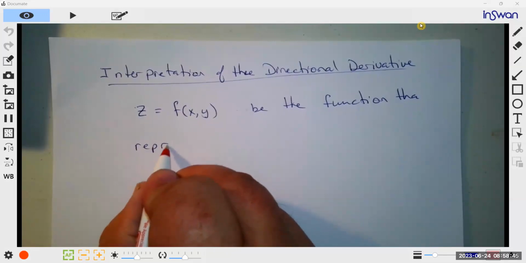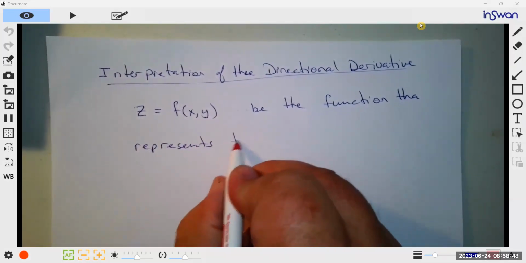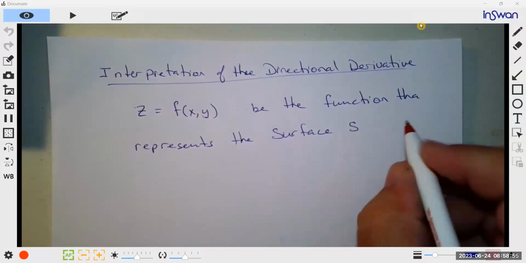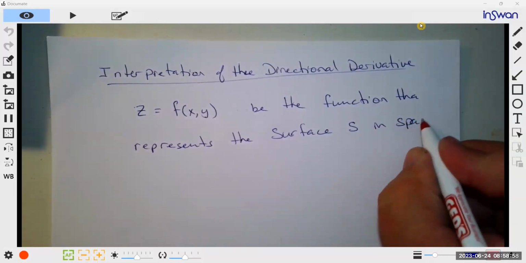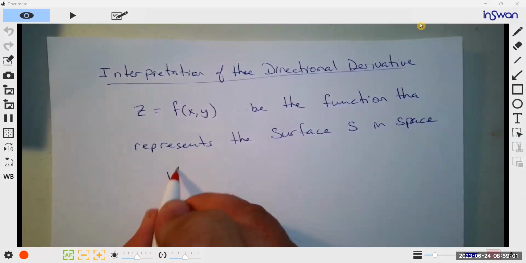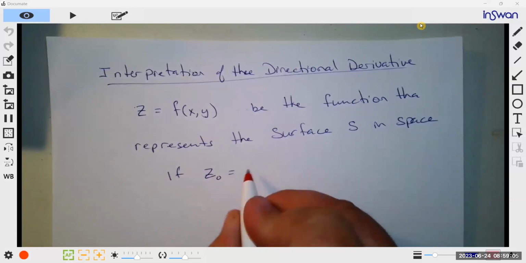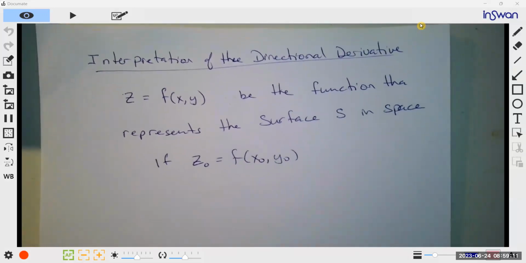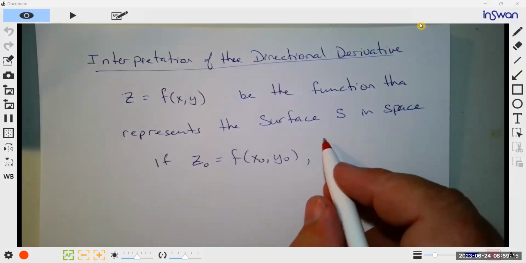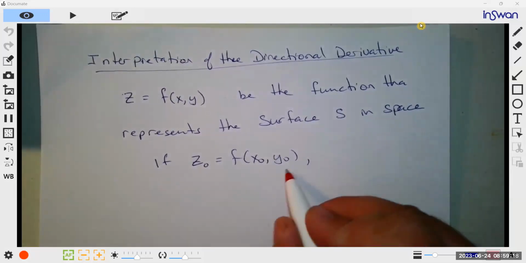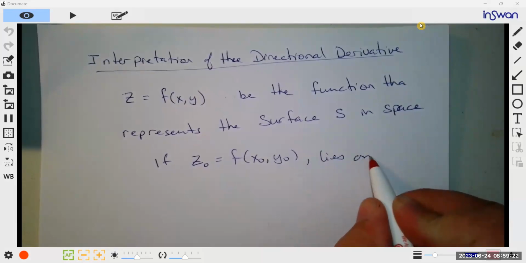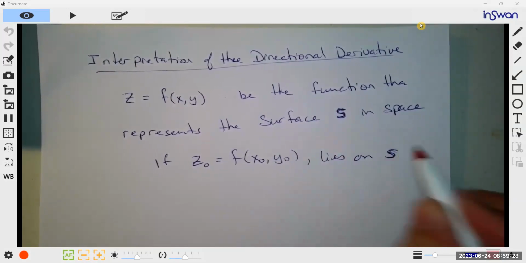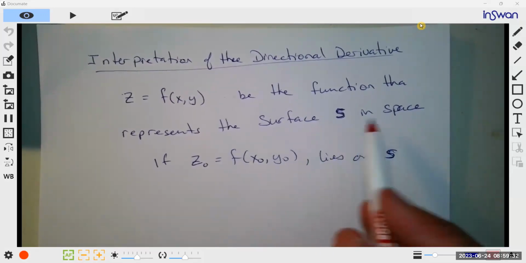That represents the surface S in space. If the initial z sub 0, which is at f of x sub 0, y sub 0, lies on S, this is a small case, because now we're using S as a surface in space.